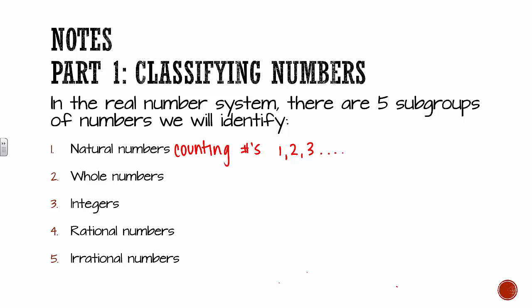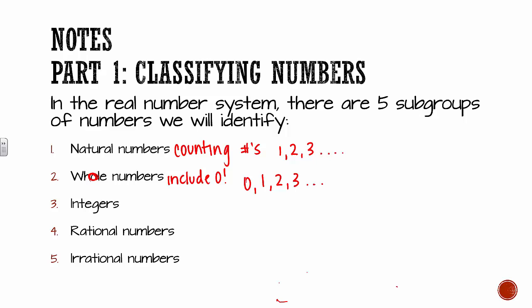Whole numbers are almost exactly like natural numbers, except they include 0. So whole numbers are 0, 1, 2, 3, again, on and on, forever. The way I remember this, natural numbers doesn't have an O in it, but the word whole numbers does, so it includes 0.